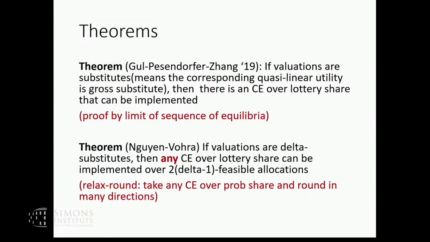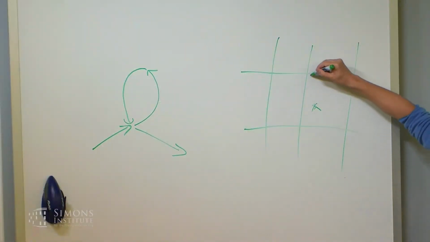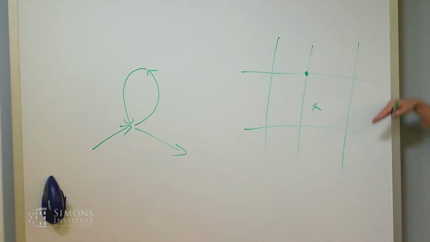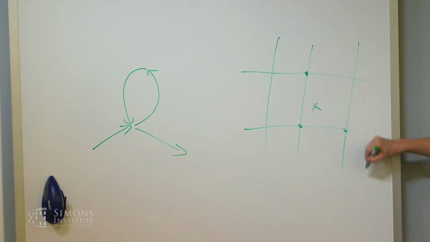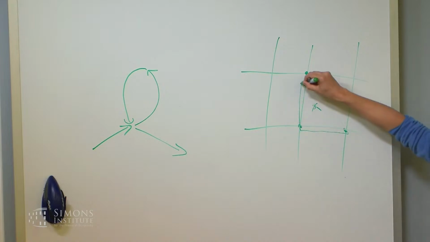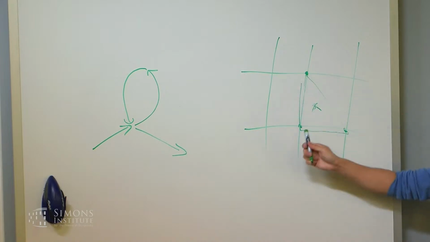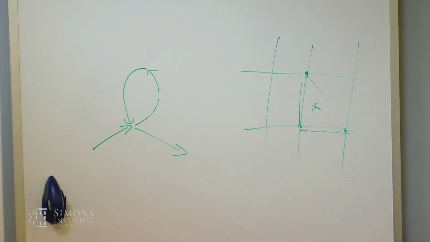And if it is possible to round it to an integer point in every direction, I take that direction and I round it to this guy, and I take that direction and I round it to this guy, that direction to this guy, then the fractional solution is inside the convex hull of all these integer points. And that gives me exactly the implementation of that fractional solution. So it's really based on rounding in several directions that gives me the implementation.